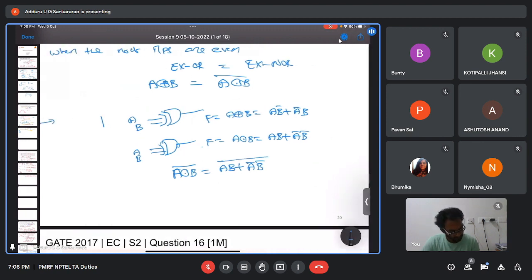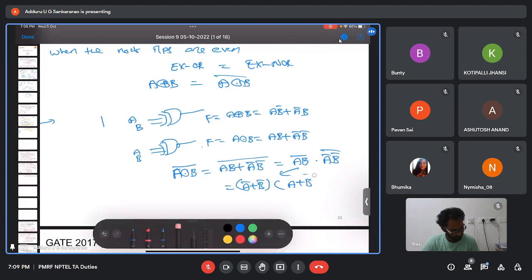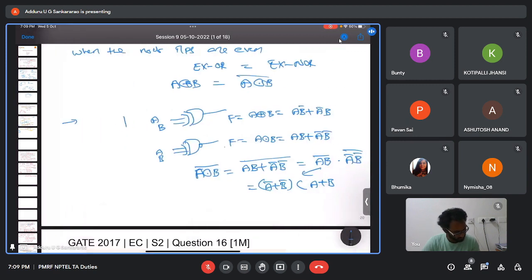Okay. Now you expand this. This becomes (AB)bar and (A bar B bar)bar whole. So this will become (A bar plus B bar) times (A plus B). Now expand this again.